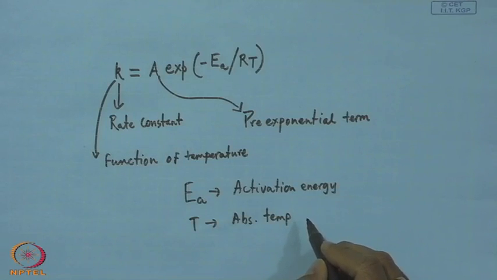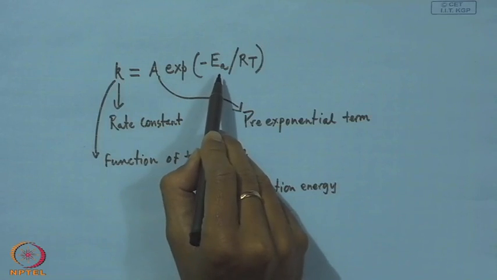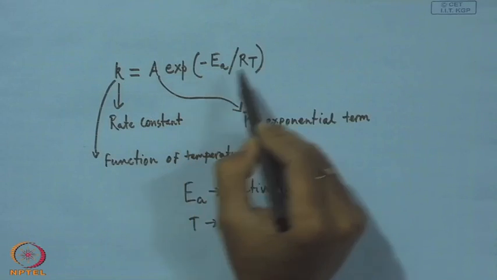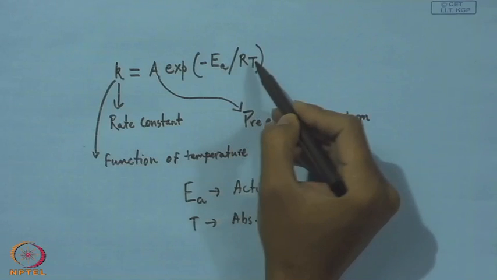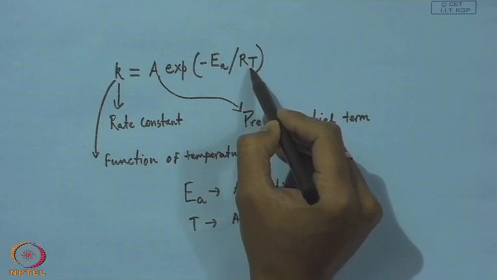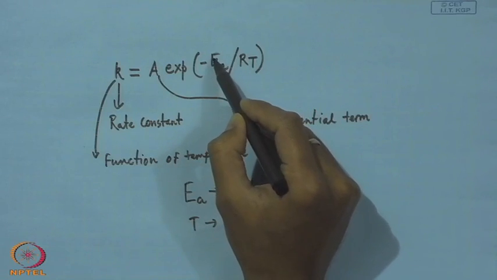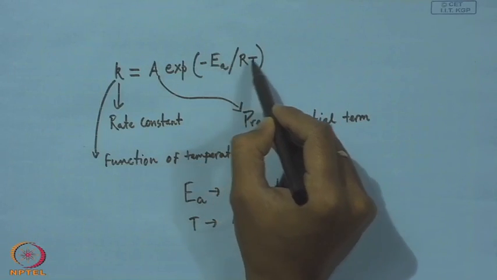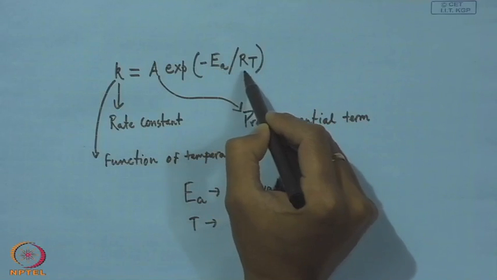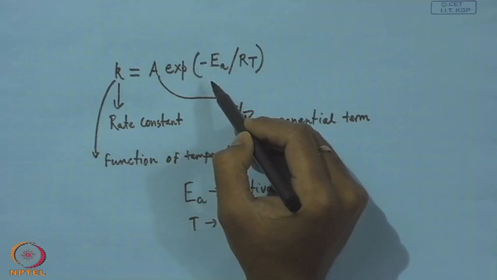So, you see that this k increases exponentially with increase of temperature, because this T is in the denominator. As T is increased, this term is decreased with a constant value of E A, and the whole term is decreased. Decreased with a negative sign means there is a net rise.